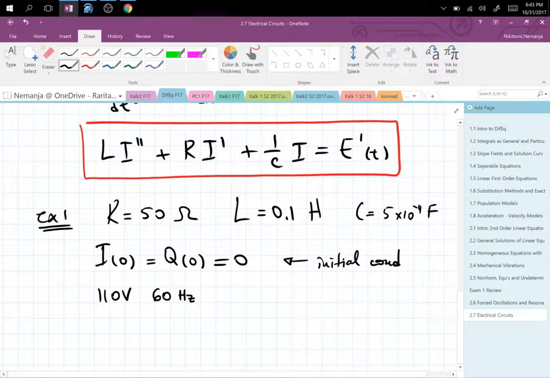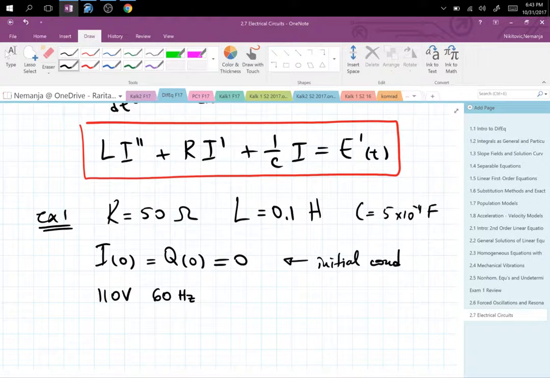So find the current in the circuit and the time lag for a steady periodic solution. Let's just find the current for now. We're going to be using cosine and sine, correct? Because this is on here, correct? Yes. You left out the time lag. It's going to be a little bit more confusing.